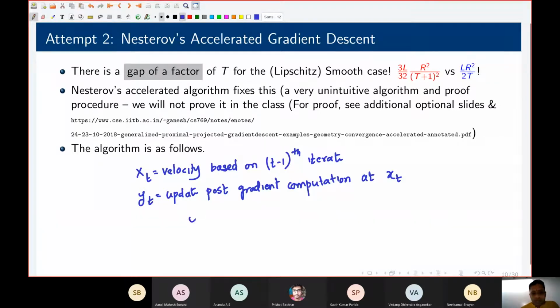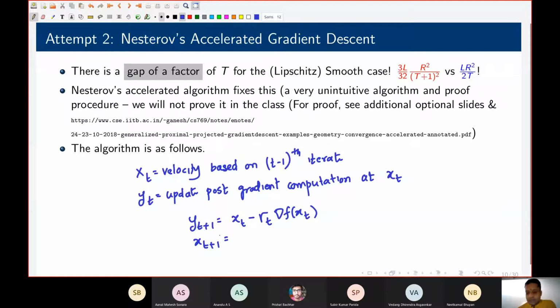So overall your updates will look like, yt plus 1 equals xt minus gamma t gradient f of xt, and you will set your xt plus 1 for the next iterate right away.